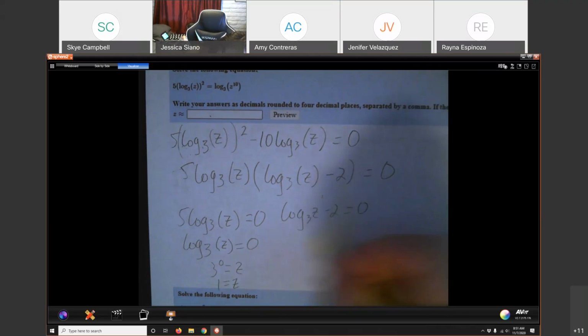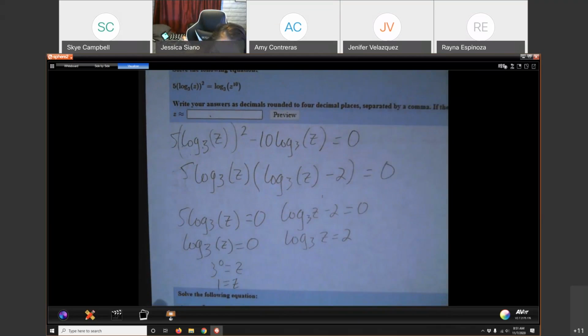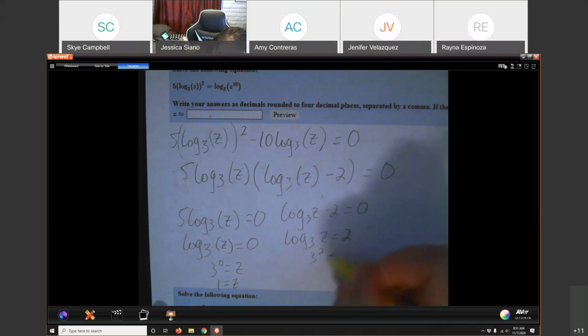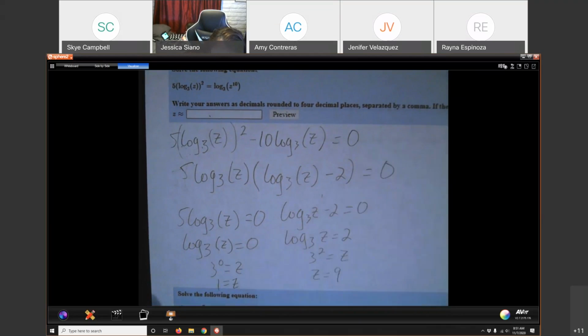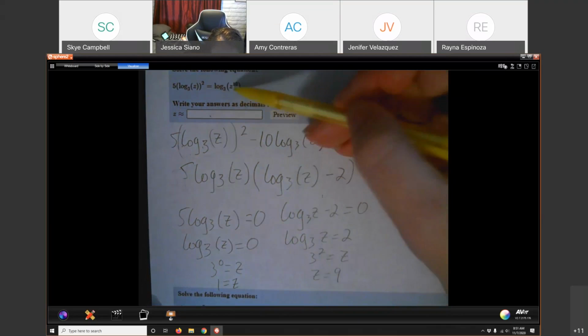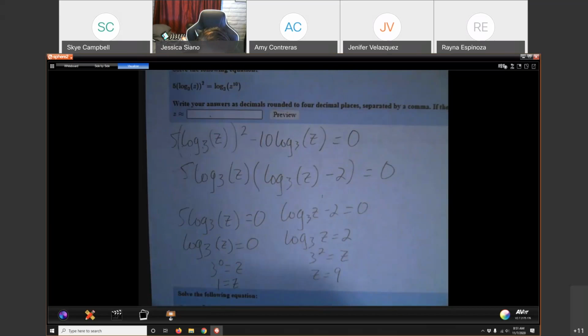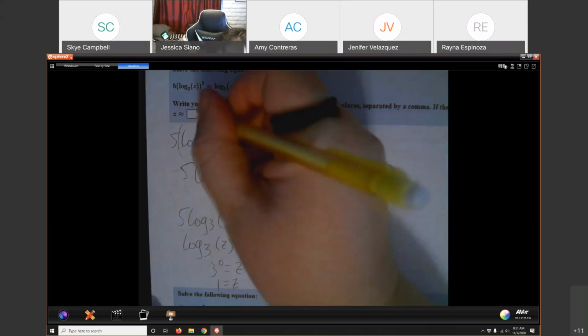Over here, I'm going to move the 2. And then this would be 3 to the 2 equals z. So z equals 9. I don't like this problem. Check them both. 1 is okay, 9's okay. Okay, I'm going with it.